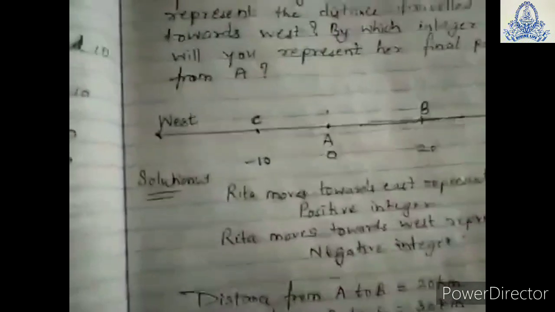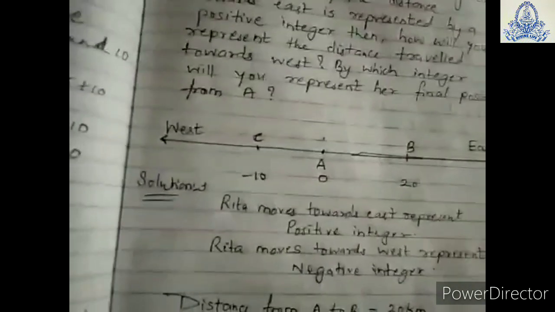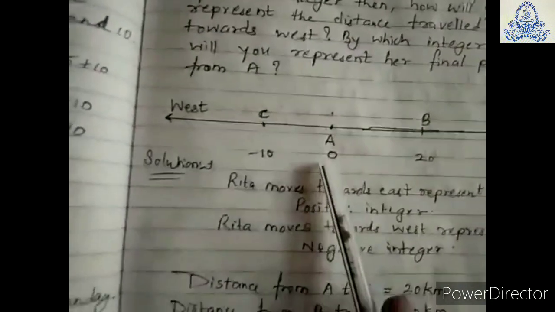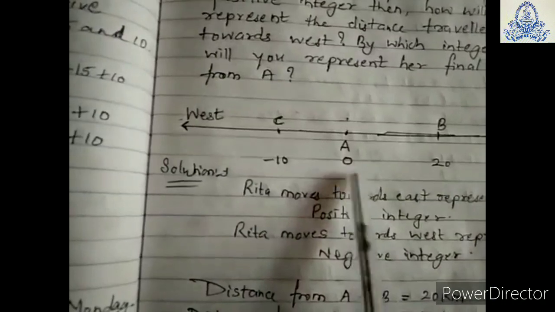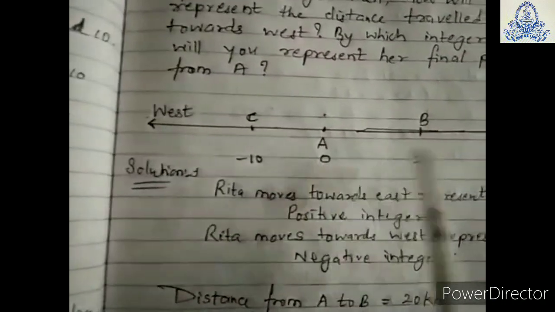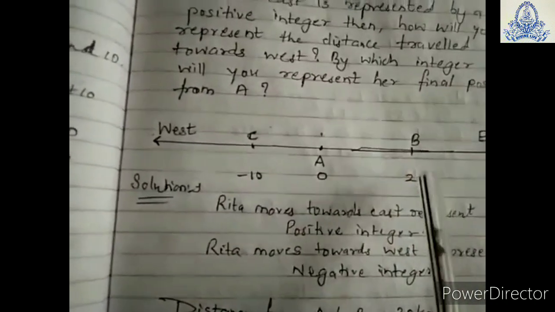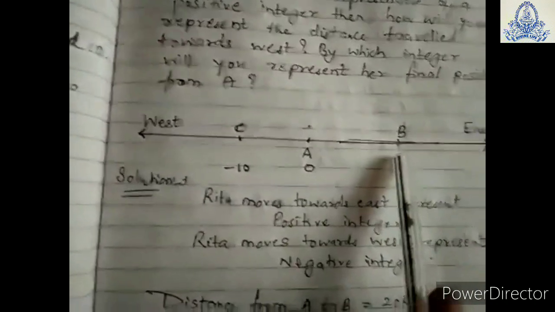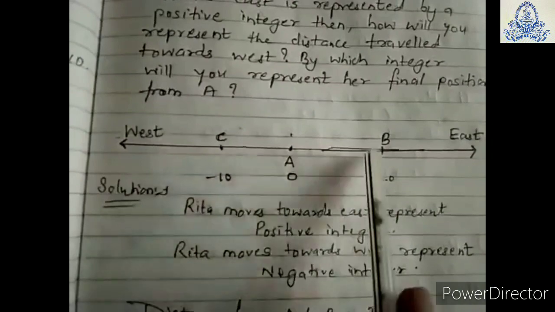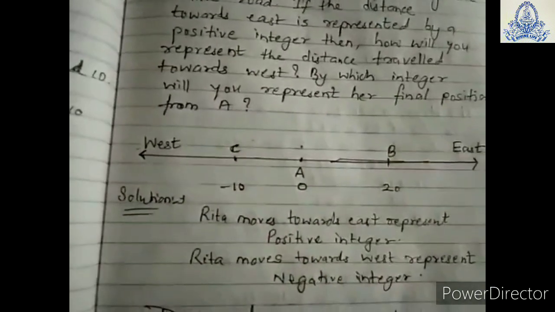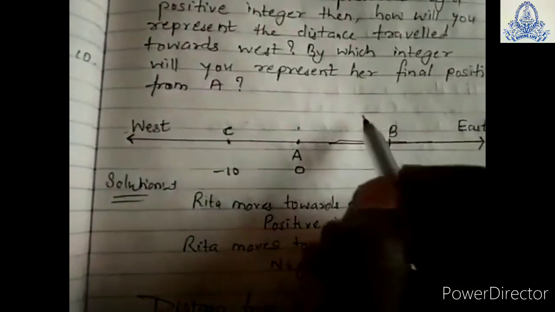As you can see in the figure, I have explained it: suppose Rita is standing at 0, and she moves towards the east direction 20 km and reaches point B. Now from point B, she moves towards the west direction, traveling 30 km.